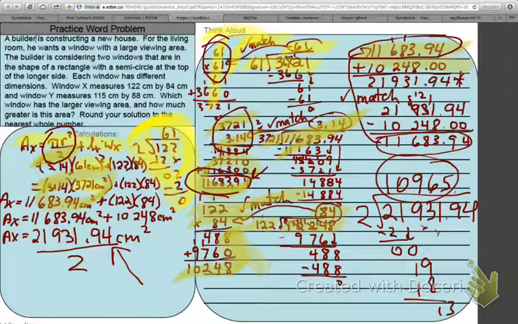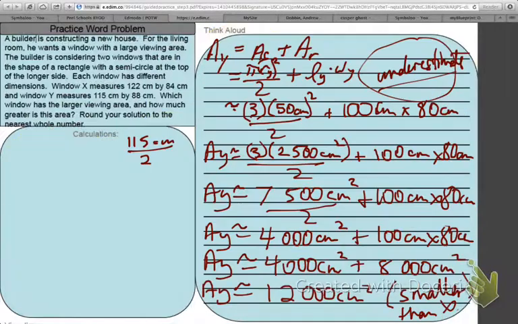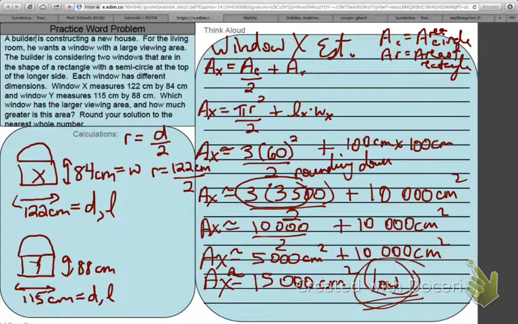So if we were just to stop there, that's 10,965. According to our estimate for x, 15,000 centimeters squared is a low estimate.